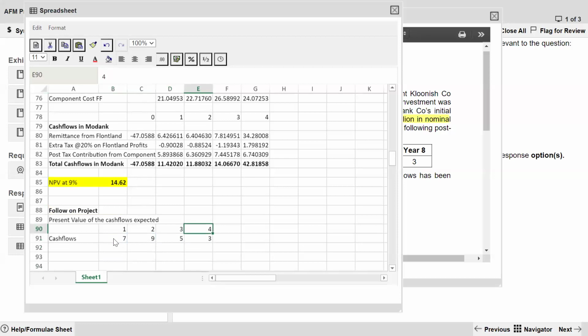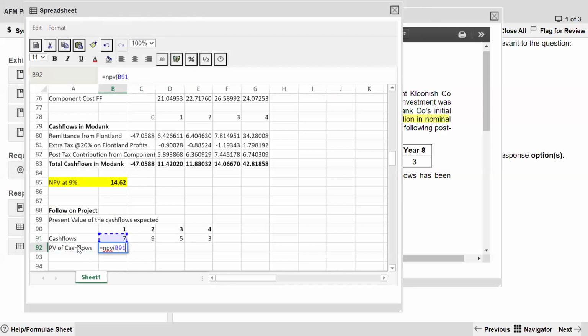The present value of cash flows is going to be like this.